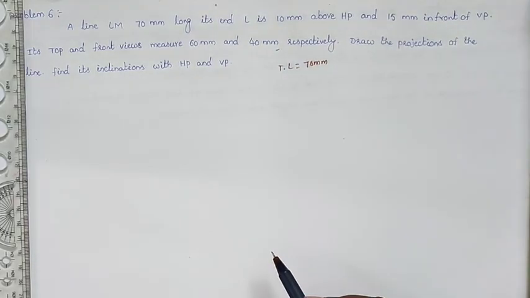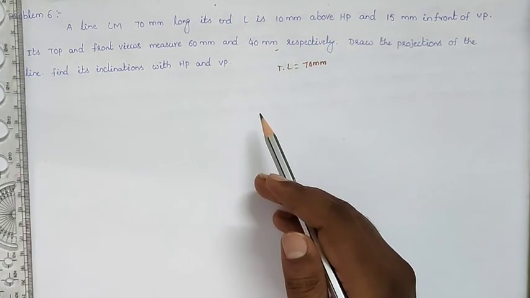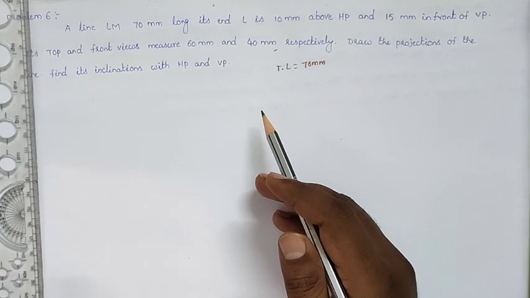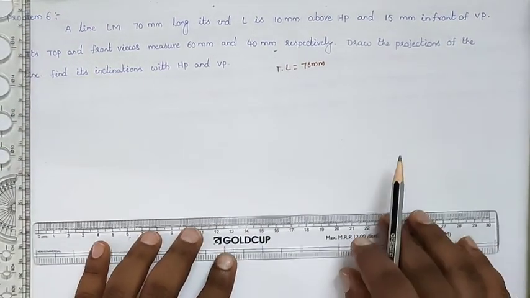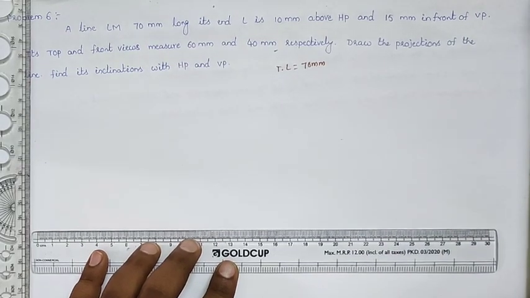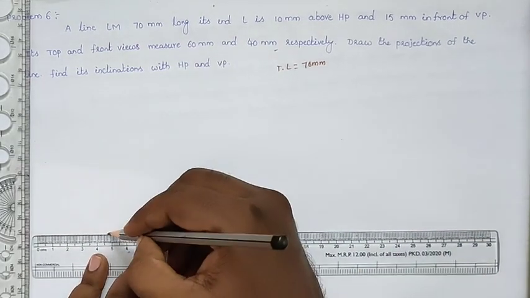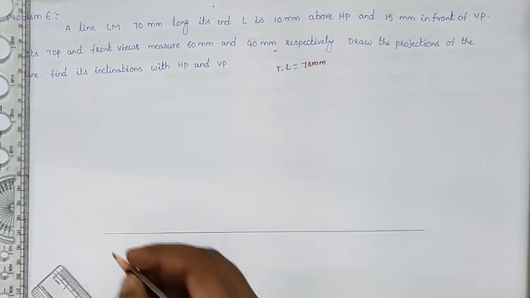Draw the projections of the line and find its inclination with respect to HP and VP. So in this type of problems also, first of all we will draw the reference line. Draw the reference line initially.